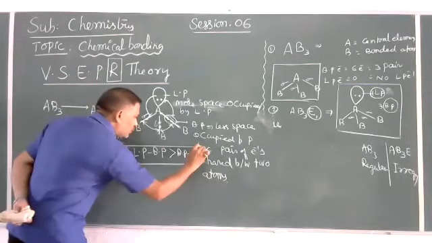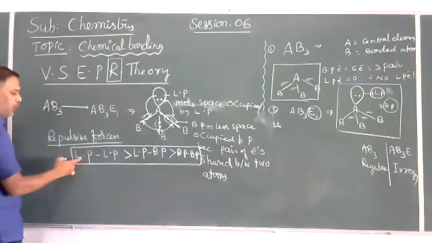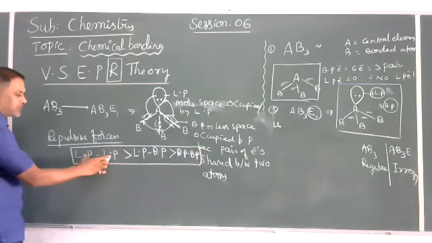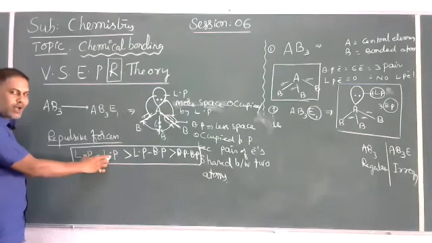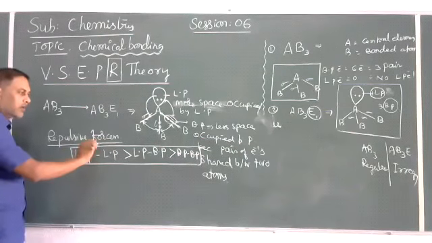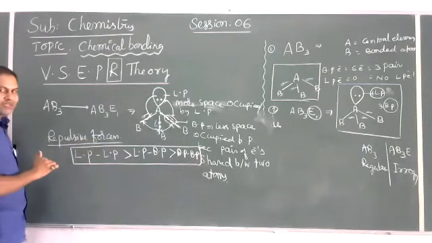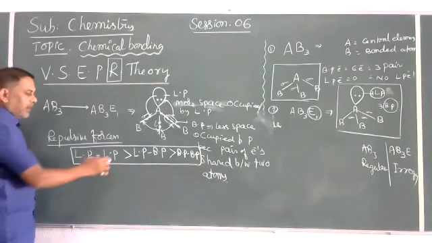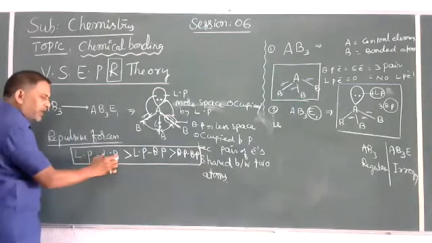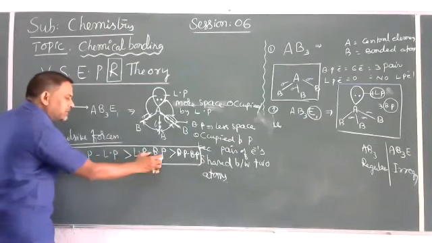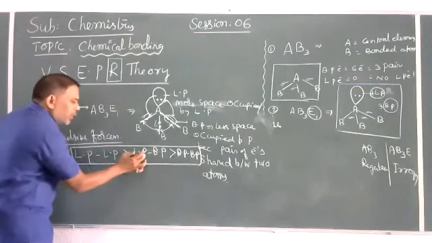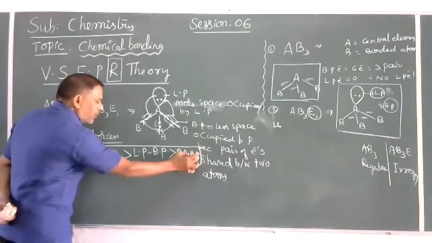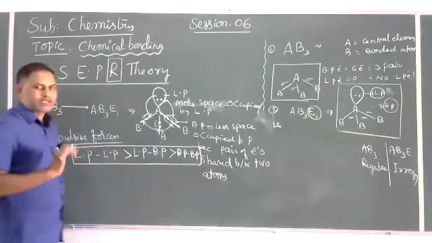So if the central atom contains two lone pairs, the repulsive forces are more distorted, changing from regular to irregular; the bond angle changes, and its shape also changes. I will explain that. Compared to lone pairs, bond pair repulsions are less, and lone pair and bond pair repulsions are again less.